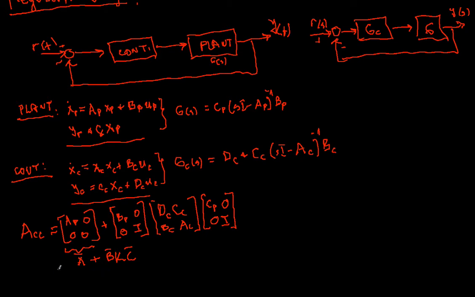such that we can almost see that there is already some structure of the state feedback. ACL, which is ultimately the matrix that describes the internal stability of the closed loop system, has eigenvalues that can be perturbed with this gain K. In other words, the controller has two degrees of freedom: the order of the controller, and second, the gain of the controller, or Ac, Bc, Cc, and Dc.